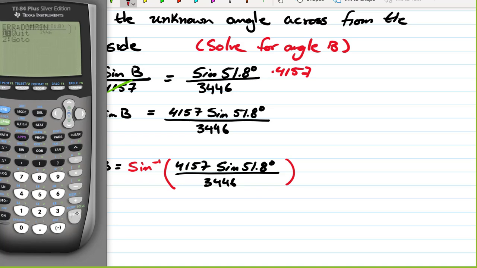I press enter, and I get a domain error. So I'm going to choose quit, but it turns out there's really not a domain error here. We have to be very careful, and remember, they're in degrees. The reason I got that domain error is because my calculator was in radians and not in degrees. So we go back and we try again.